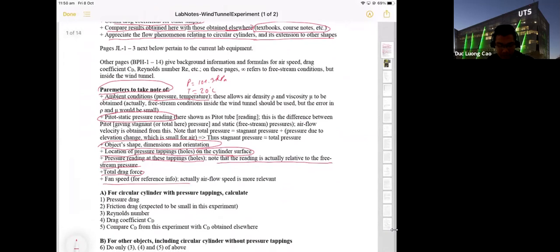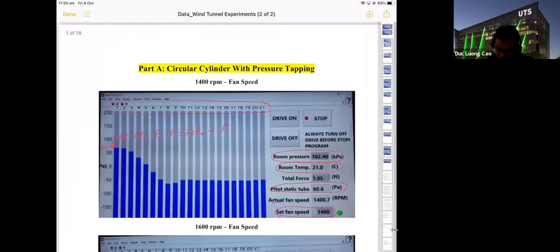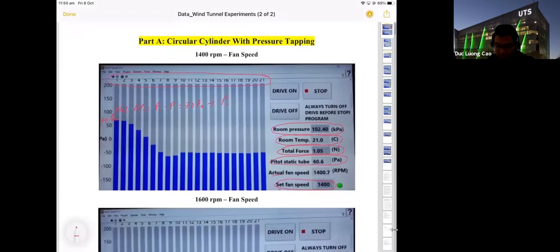Here you have the total force, or drag force: total force 1.05 Newton and fan speed 1400. That is what you have on the screen. On the screen, you have everything. All the data you need, you can see on the screen.